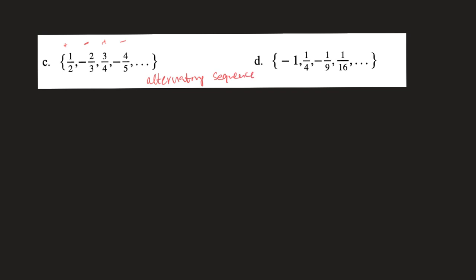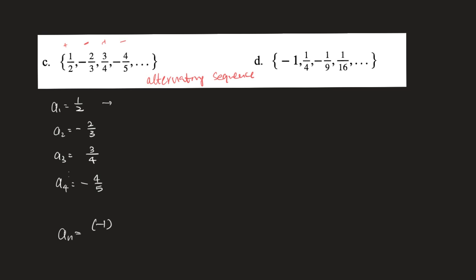Then you see the first term is 1 over 2. A1 is 1 over 2, and that's positive. A2 is negative 2 over 3. A3 is 3 over 4. A4 is negative 4 over 5. You're looking for the An term. First, you decide the sign of the alternating sequence, which uses a power of negative 1.